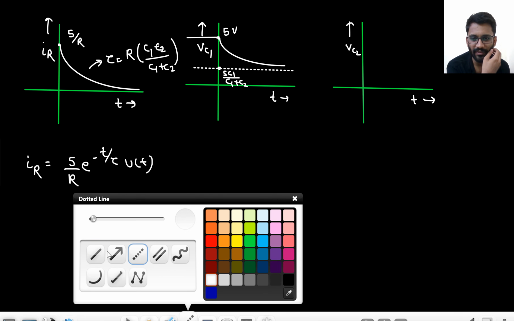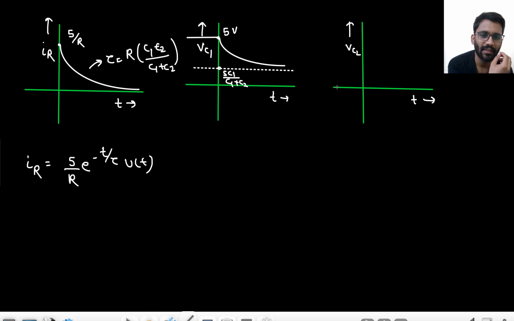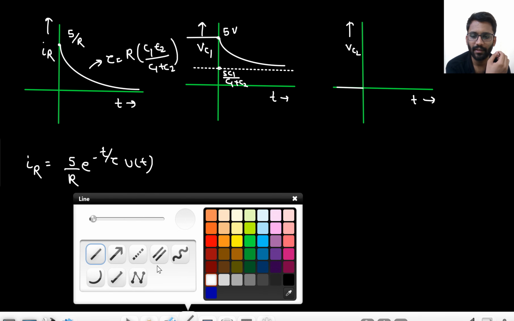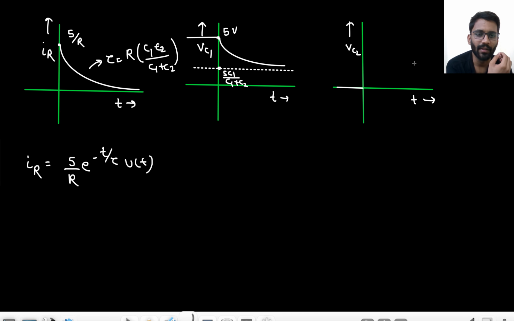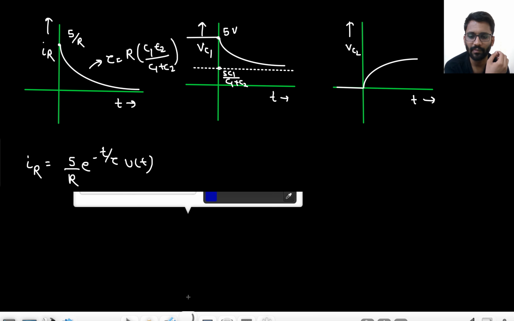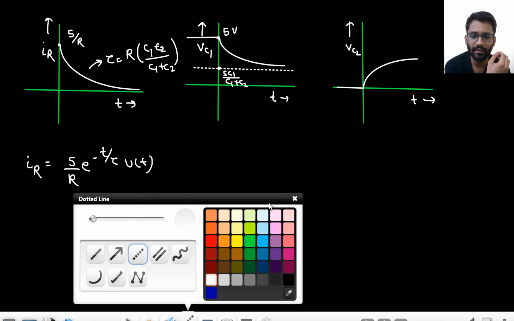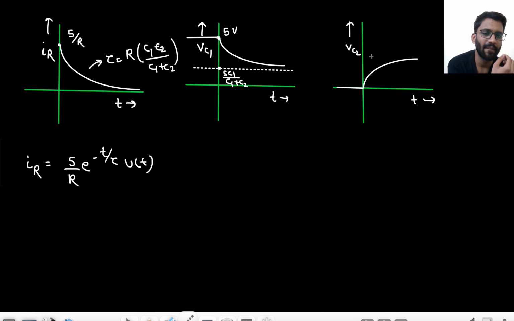What about VC2? VC2 is slowly 0 and then going up to 5 C1 upon C1 plus C2.